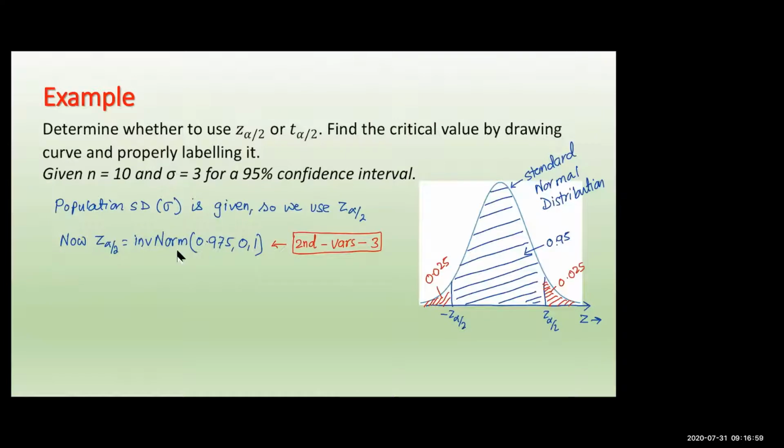Then paste this in the main screen to get this display, and you'll get the result. You must try this in your calculator. By typing this information in the calculator, you should get Z alpha over 2 or Z critical as 1.96. So the critical value for the situation given here at the 95% confidence level is 1.96.